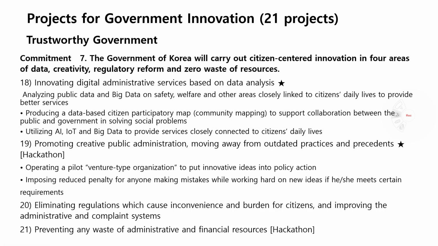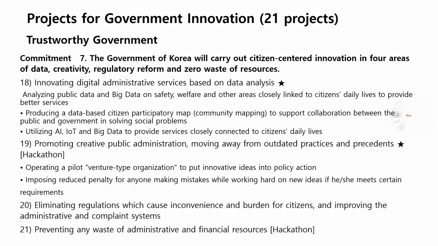Commitment 7 is that the government of Korea will carry out citizen-centered innovation focusing on four areas: data, creativity, regulatory reform, and zero waste of resources. First project is innovating digital administrative service based on data analysis. This is also a core project, marked with a star.